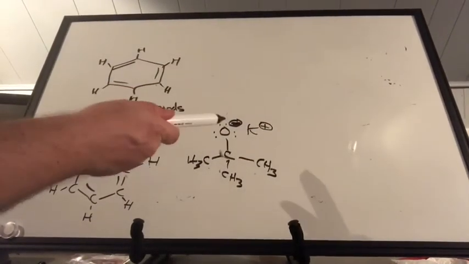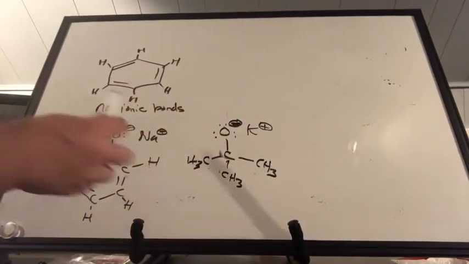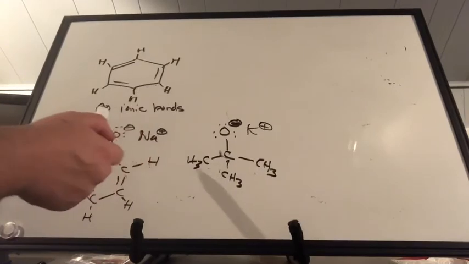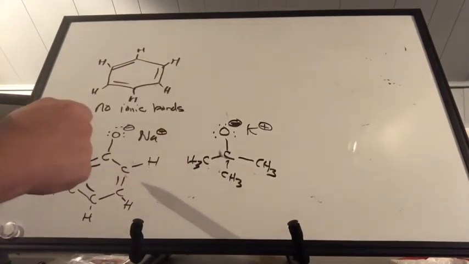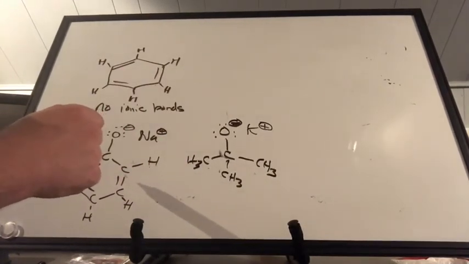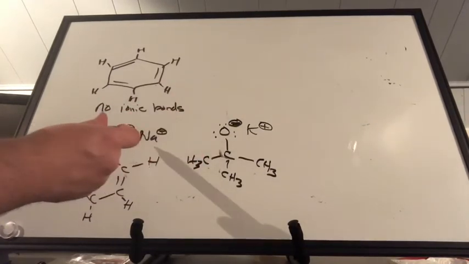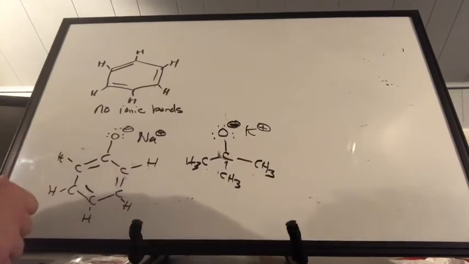Okay, so they need to be stabilized by a positive charge. So sodium and potassium are going to be in group 1A. So that means they only have 1 electron to lose in terms of a valence shell, and they're going to stabilize that negative charge. Okay.